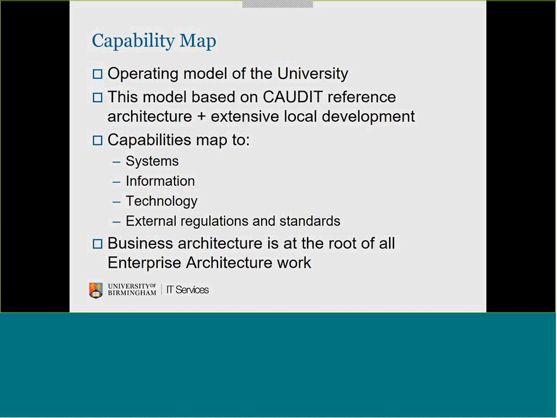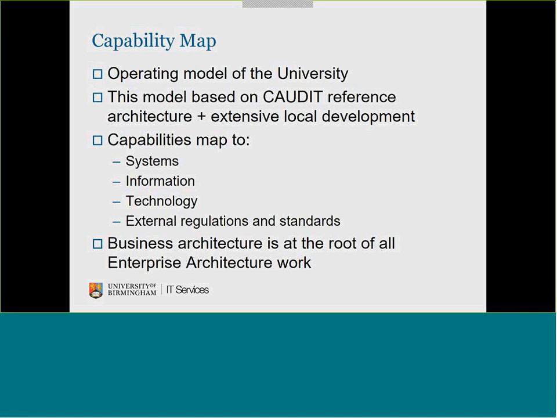You've been working on it for the sector as a whole, but what I did was to take that and modify and enrich it with work that I've done locally. I'm going to show you the capability map for the University of Birmingham, which is the same as the sector one that you've all been working on.